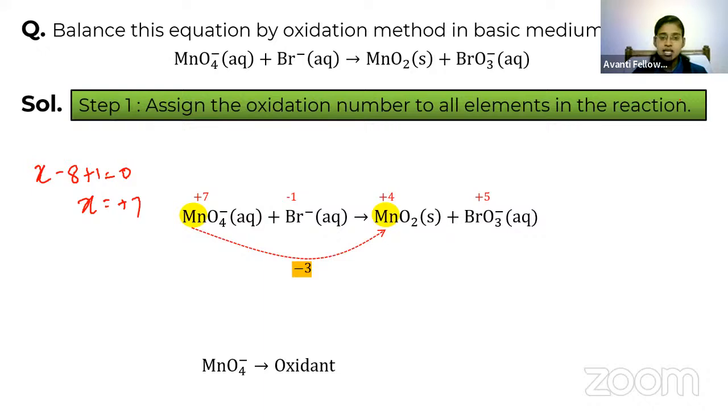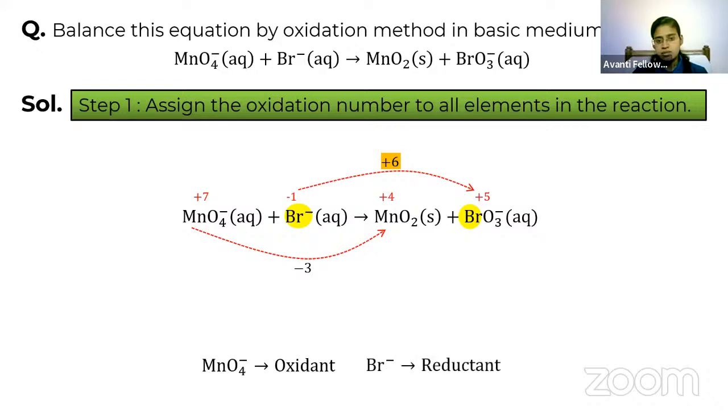Then the change in oxidation state of bromine is from -1 to +5, so you have to add +6. So 6 electrons have been lost by bromine, making Br minus a reducing agent. We have assigned the oxidation numbers and found the oxidizing agent and the reducing agent. This is step number 1.